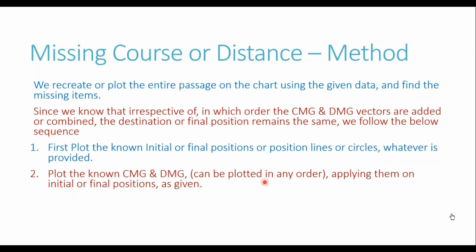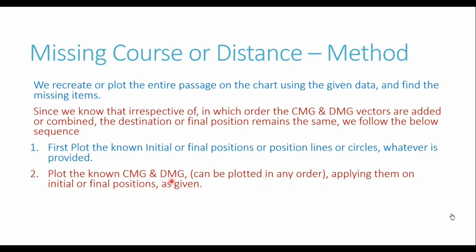So irrespective of in whichever order you plot them, once you plot all the required legs, you will be reaching at your destination. Irrespective of whatever order you have used, the position arrived, the final position, or our destination remains the same.